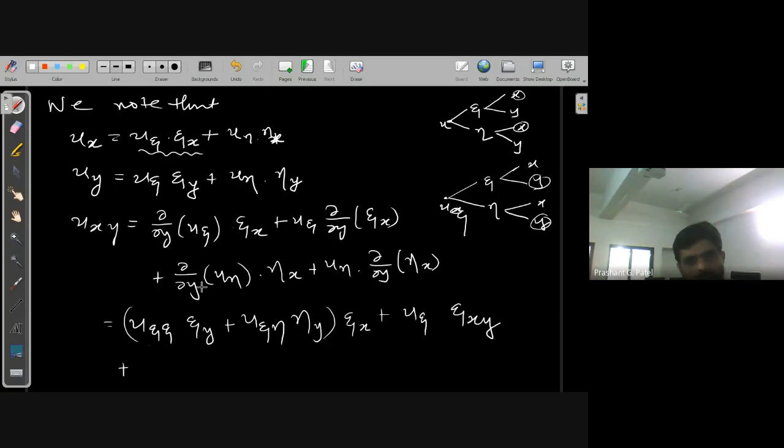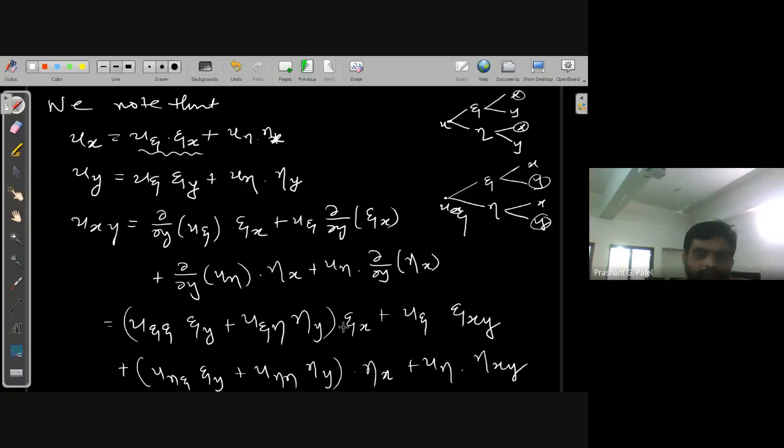This one plus this quantity, again applying the same rule, it is u eta xi xi y plus u eta eta eta y into eta x plus u eta into eta xy.